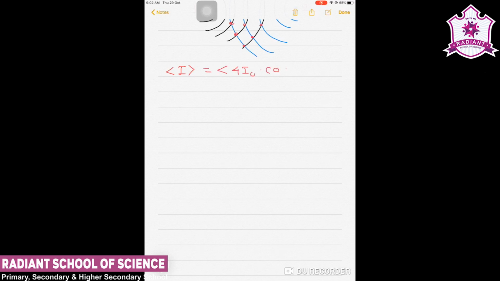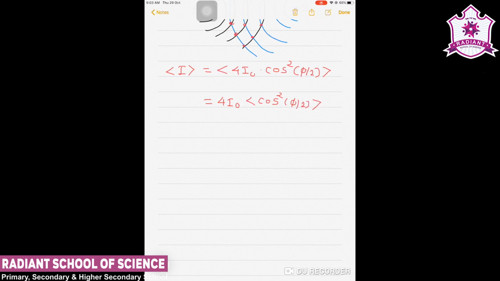cos square phi by 2, that is the condition. Now in this case we have 4I0 cos square phi by 2 as the condition varies.